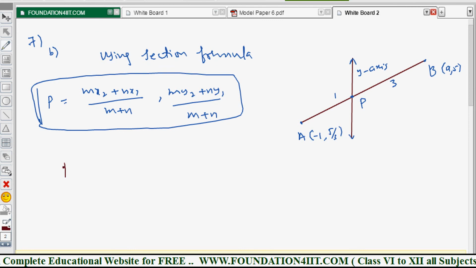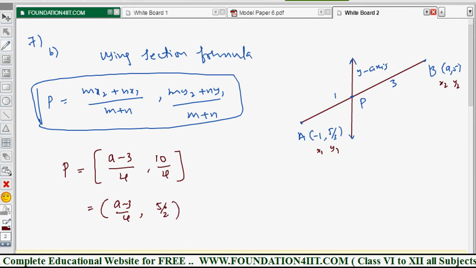Here A is x1, y1 and B is x2, y2. By applying this, we'll get a minus 3 by 4 comma 10 by 4. So that is equal to a minus 3 by 4 comma 10 by 4, which is 5 by 2.